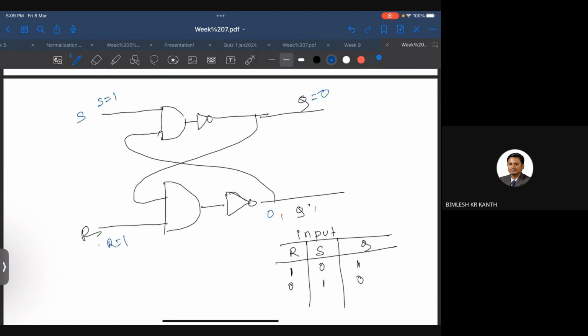So when Q equal to 0, this will be 0. R 0 and 1, it will be 0. This will be 1. Then this will feed back to 1. 1, 1, it will be 1, and this will be 0. So when S R is 1, 1 and Q equal to 0, Q next is also 0, right? Correct?